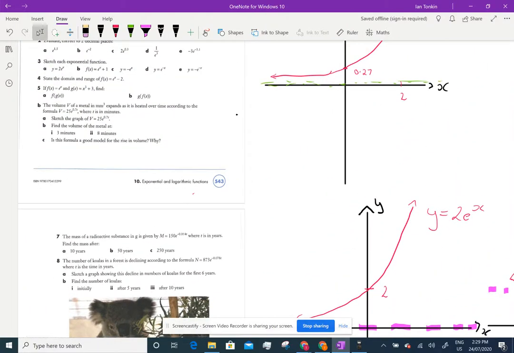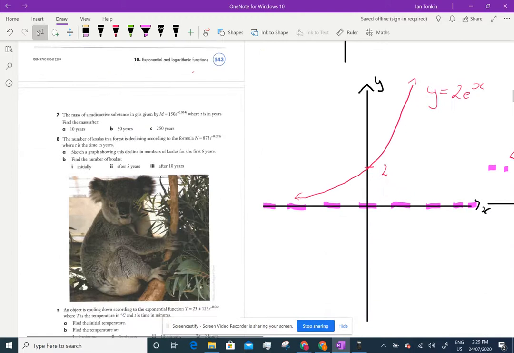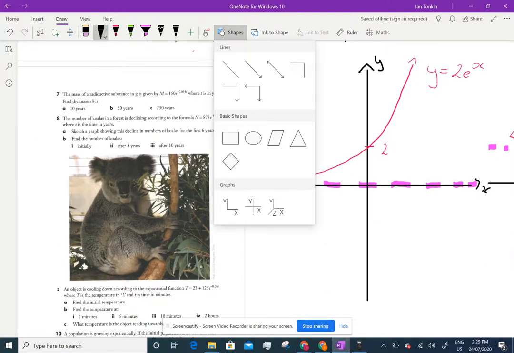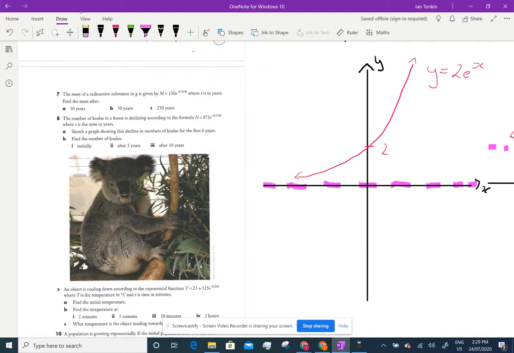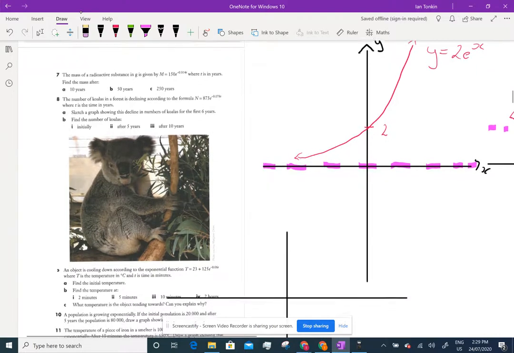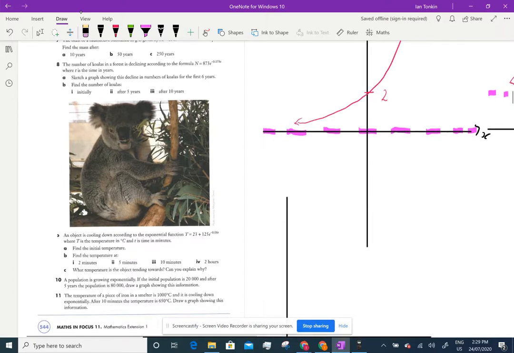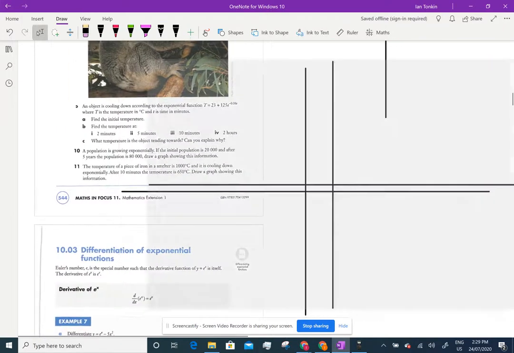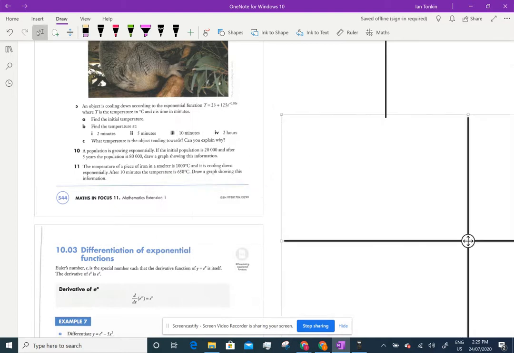Finally, I'm going to do all these next ones on the one graph. I'm going to make it a big one. That'll do. Move it over to here.